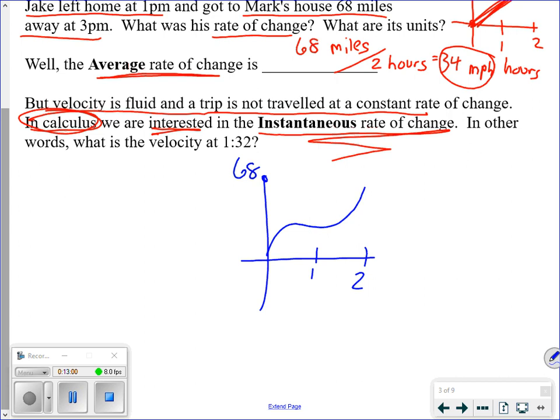He's going to be stopping and going, stopping and going, but I'm going to be curious about what his rate of change is at this exact point here. I want to know the slope right here, at an exact point. So I'm only going to have one point, and I'm not going to be able to just do the slope of a secant line. We're going to talk about how to do this later. That's the big idea.